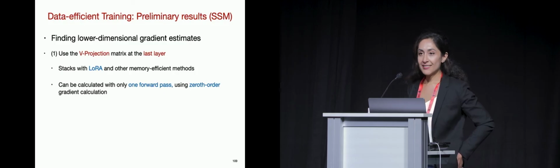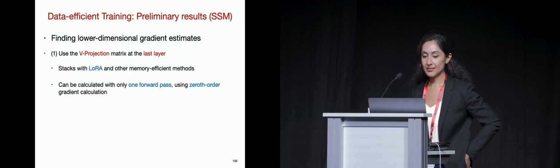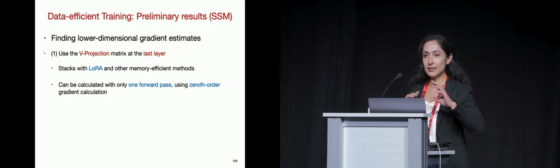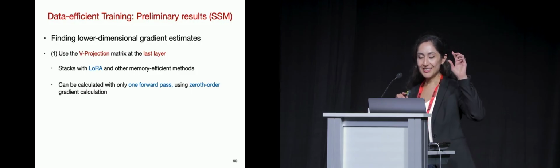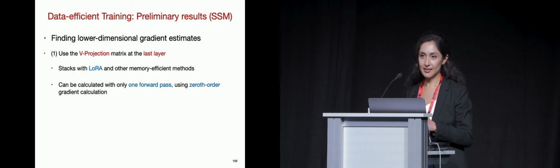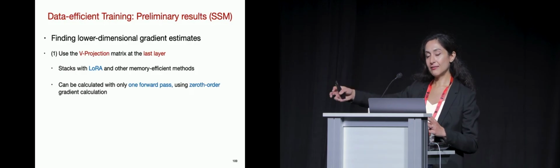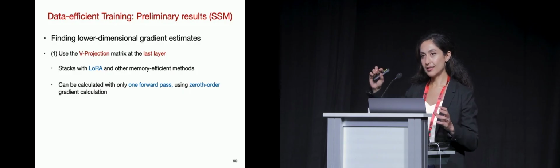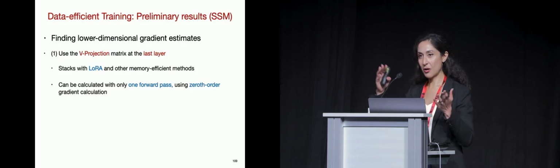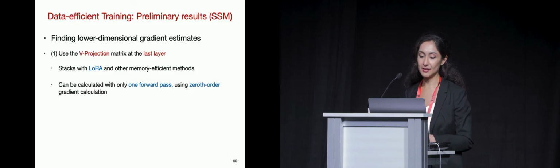So what we tried and gave us relatively promising results so far is that, as you know, there are these KQV matrices in the transformers. So in our experiments, we took the V projection, and it seems to work better than the rest of the matrices in the last layer.